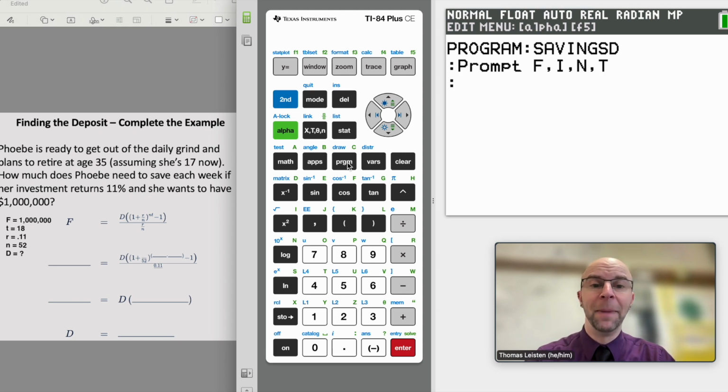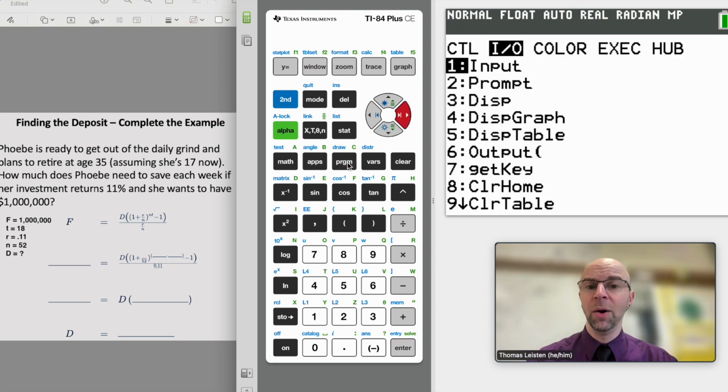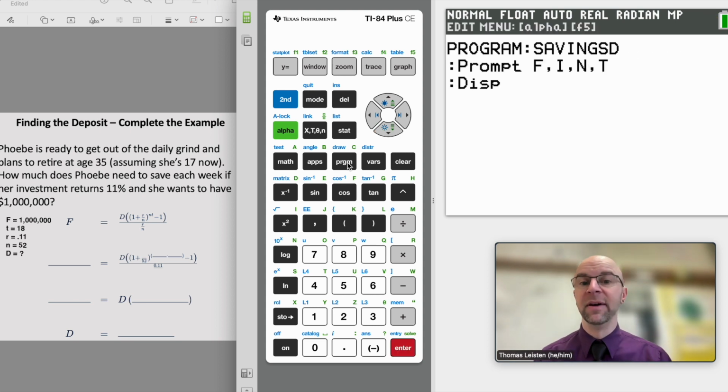On the calculator, I'm going to go back to program. We've got IO down to display. So we're going to have the calculator take the numbers that we just input, run through, do the crunching, and then give us the value. A little bit of show me the money.